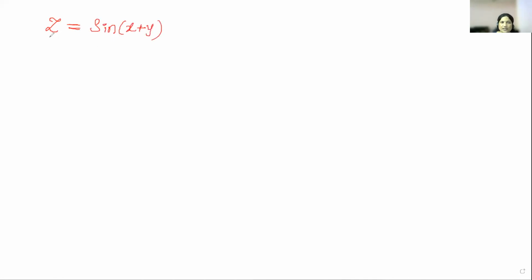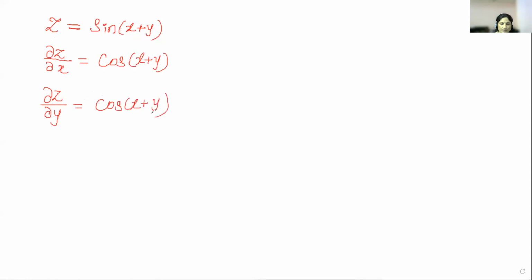As we are denoting partial derivative of z, that is dou z with respect to x, it is equal to derivative of this function, that is cos of x plus y. If we are taking derivative of this z with respect to y, dou z by dou y is equal to, again it will be cos of x plus y.